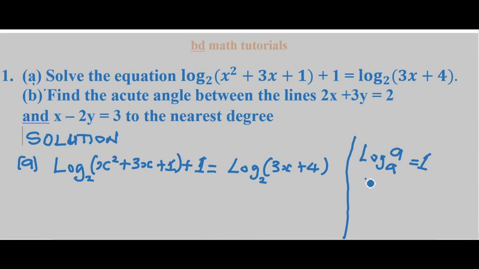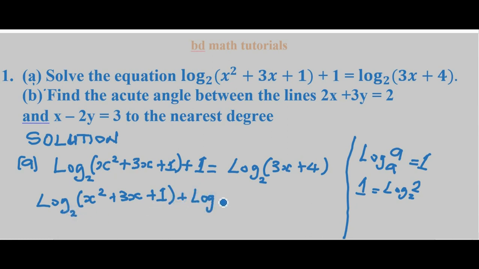So we know that 1 is also equal to log 2 to base 2. We'll put this in our solution. The log of x squared plus 3x plus 1 to base 2 plus the log of 2 to base 2 is equal to the log of 3x plus 4 to base 2.